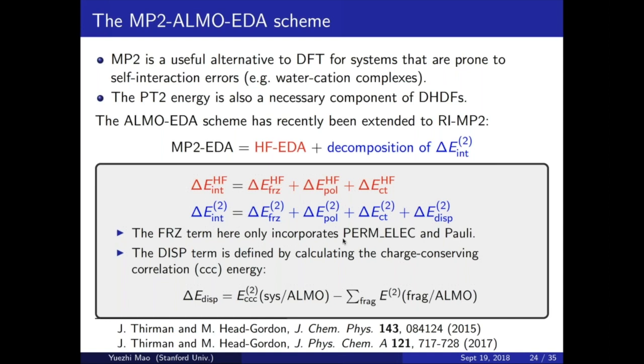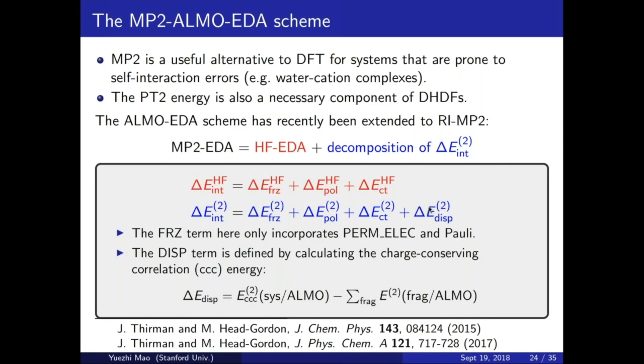Here the frozen term is dispersion free. It only incorporates permanent electrostatics and the Pauli repulsion. And for the PT2 decomposition, it also has contributions to the frozen, polarization, and charge transfer components.